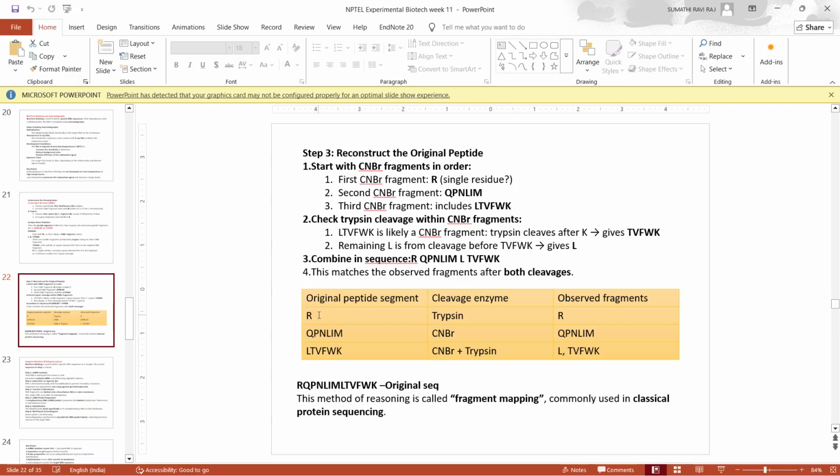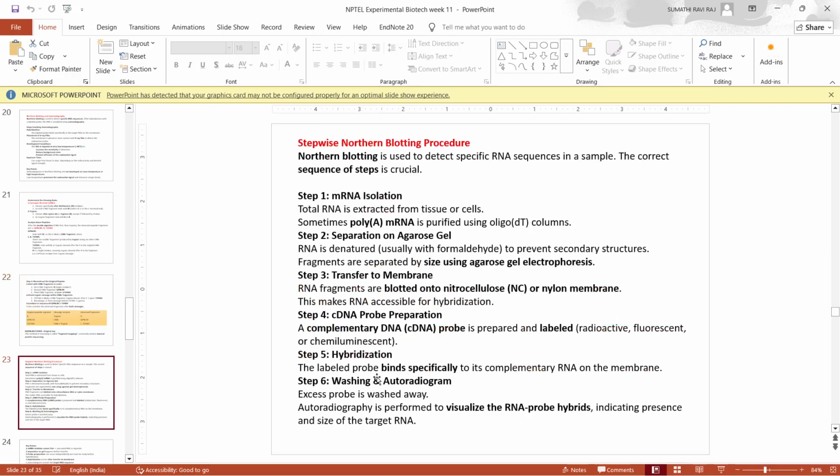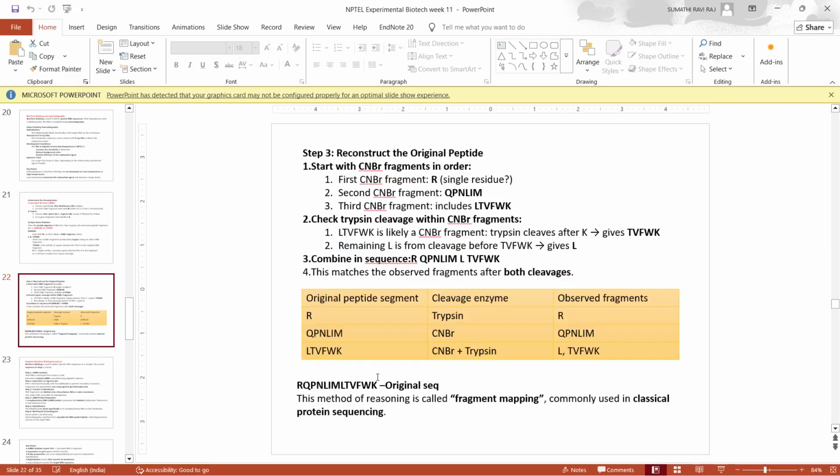So basically R is cleaved by trypsin, M is cleaved by cyanogen bromide. Then we have L, which could be because of cyanogen bromide and trypsin action. So that is the reason that the sequence could be R, Q, P, N, L, I, M, L, T, V, F, K, whatever those amino acids are.